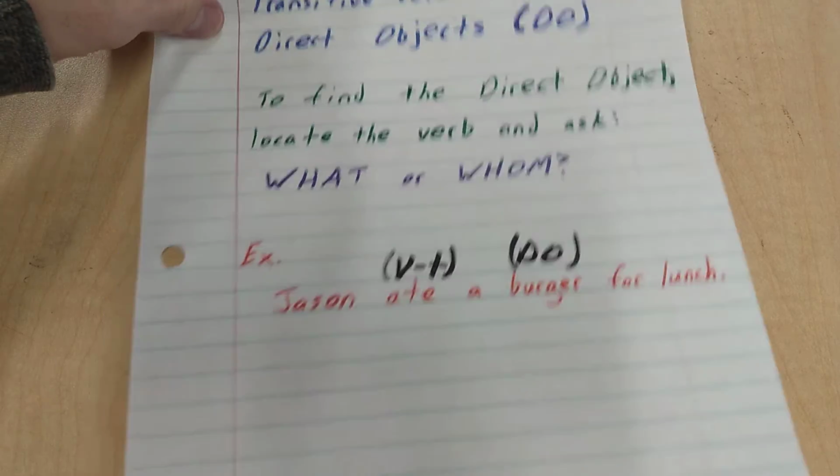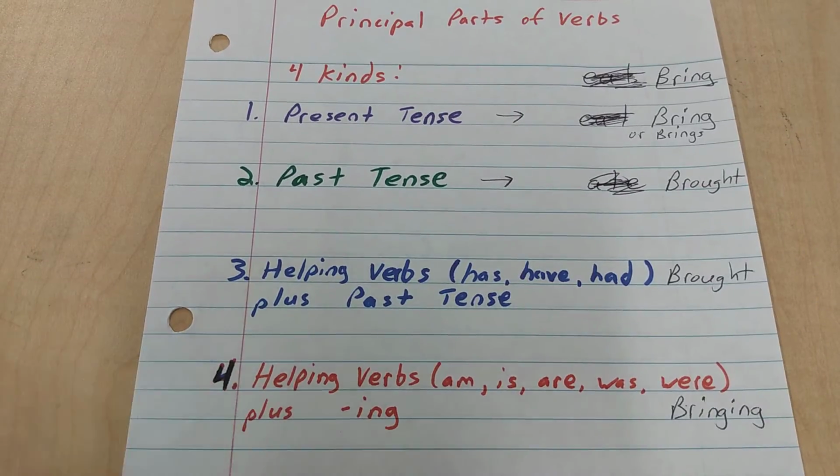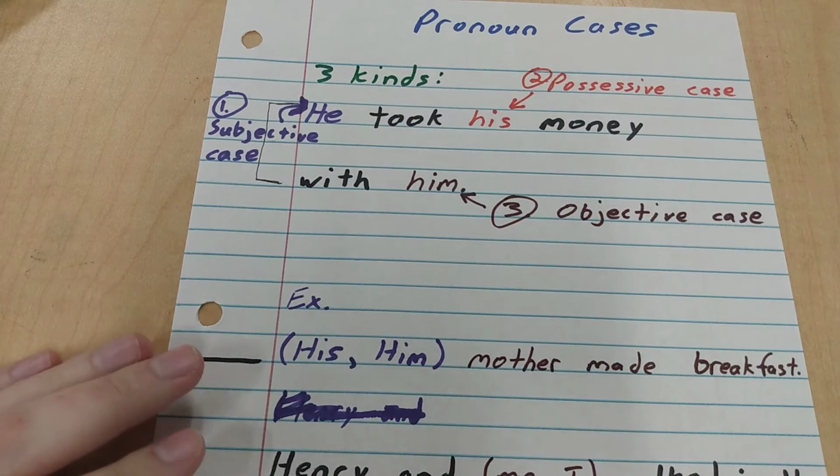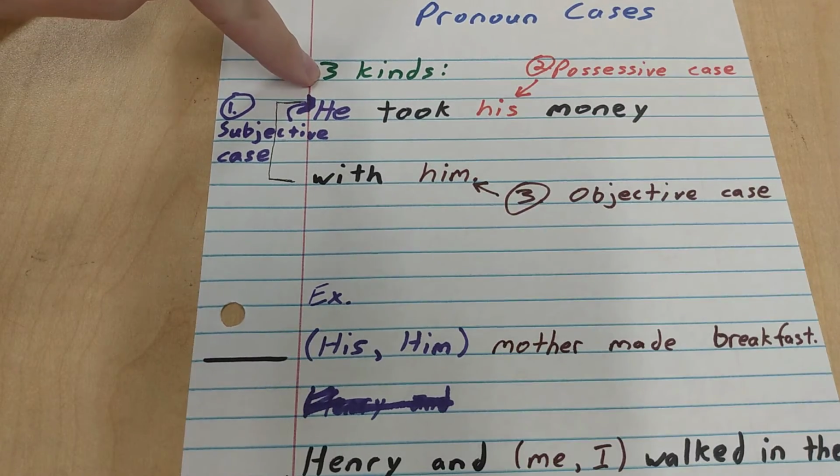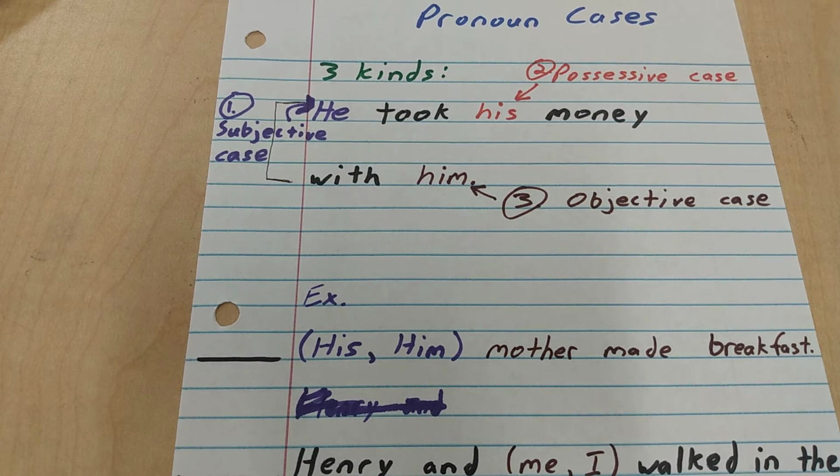The next thing is what is in Chapter 12, Lesson 3. Not that page, but this page. There are something called pronoun cases, and there are 3 kinds of them. If you remember, examples of pronouns are he, him, she, they, them.